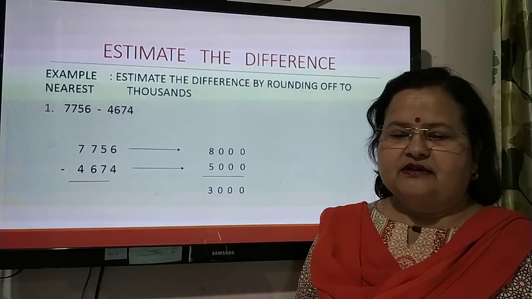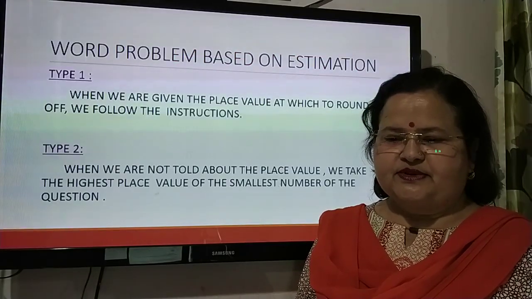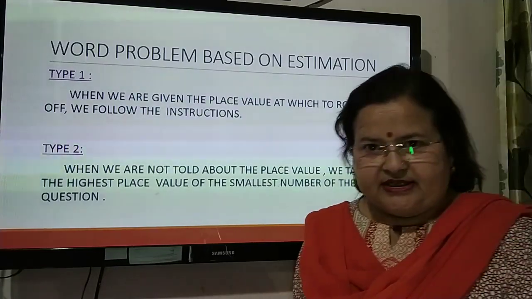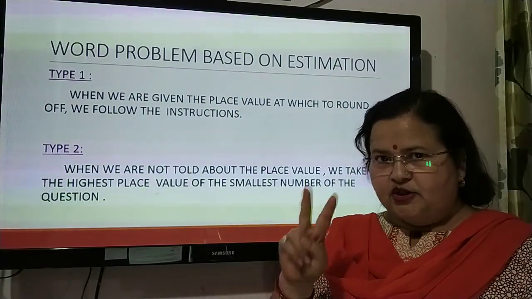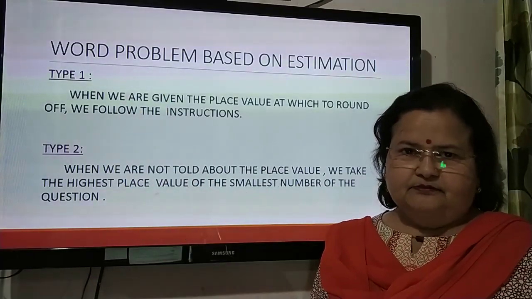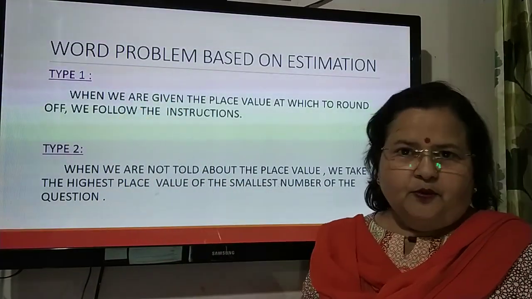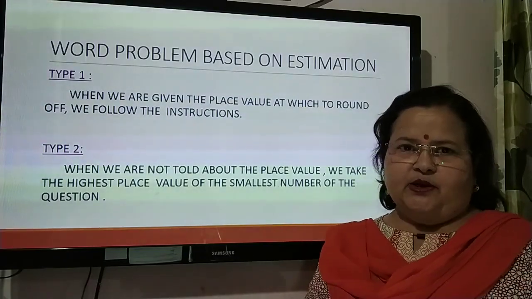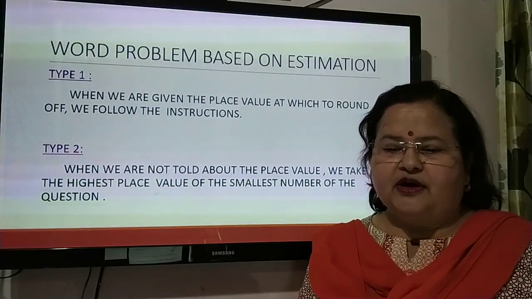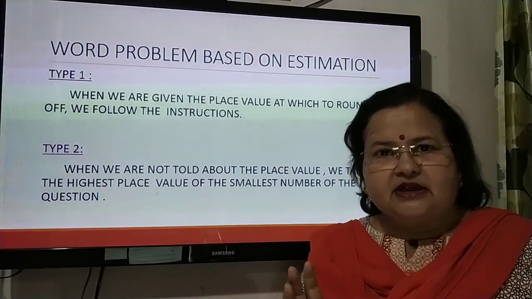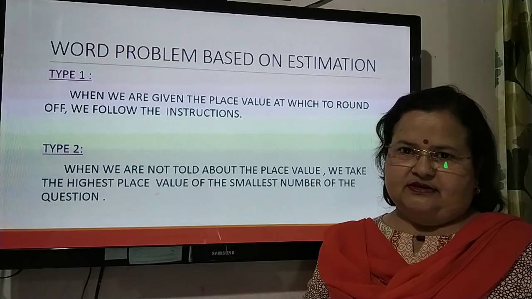Now comes the word problems. Coming over to word problems based on estimation, we can divide them in two categories, type 1 and type 2. Type 1 word problems are those where we are given the place value at which we have to round off. If we are given this place, then we follow the given instructions.